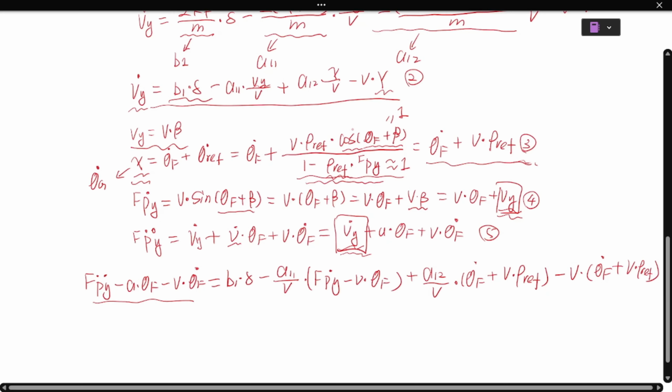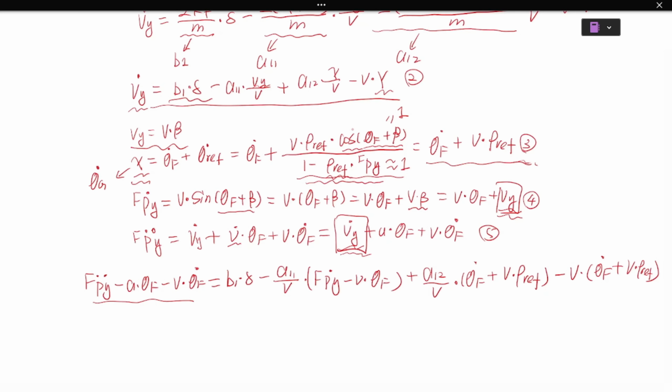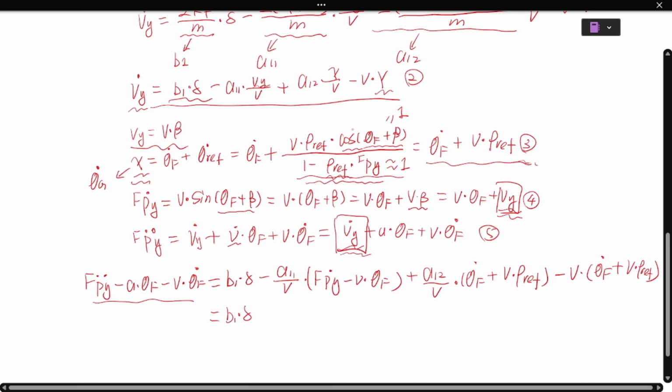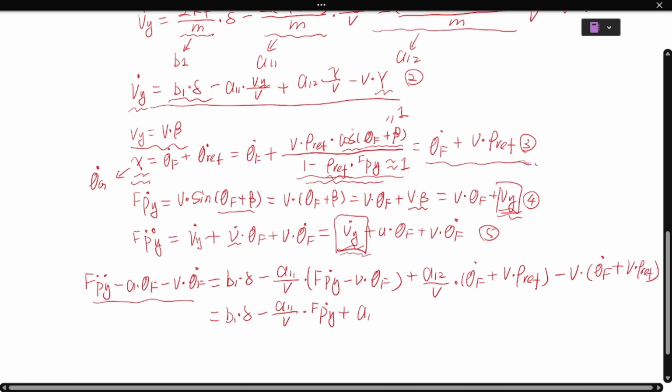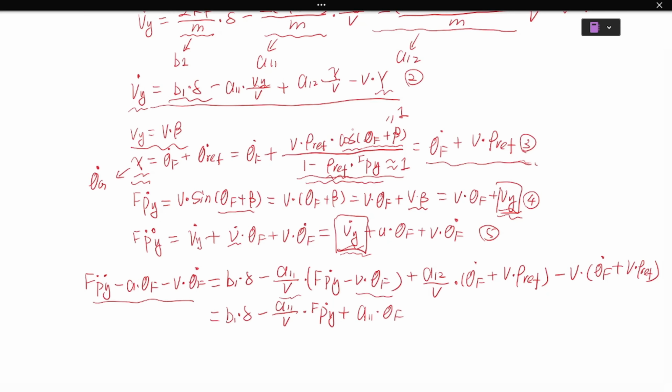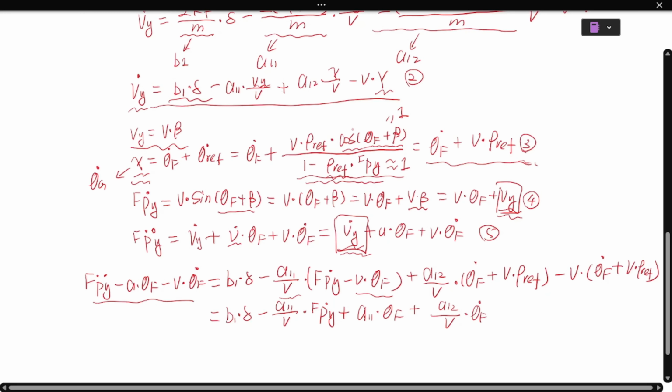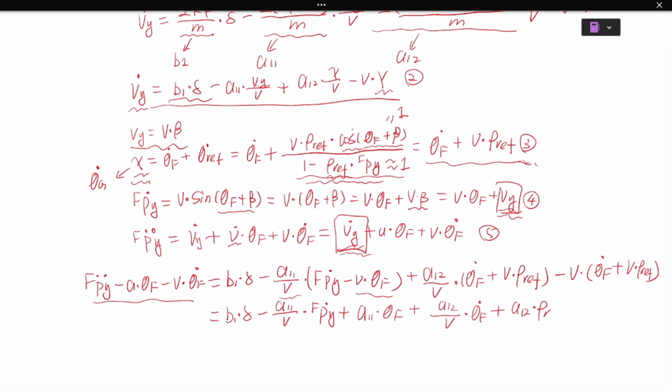So it equals b1 times delta minus a11 over v times fpy dot, plus a11 times theta f, these two terms, plus a12 over v times theta f dot plus a12 times rho ref, minus v times theta f dot minus v square rho ref.